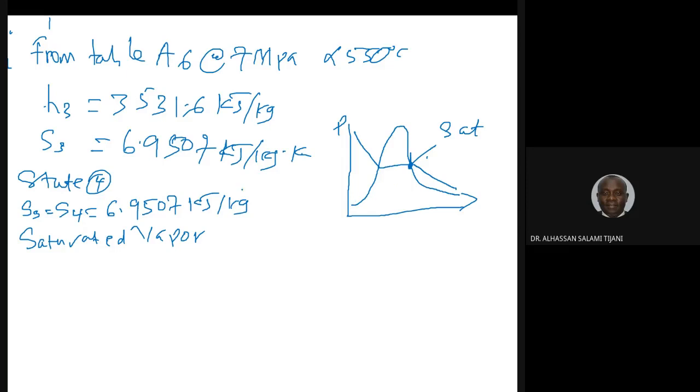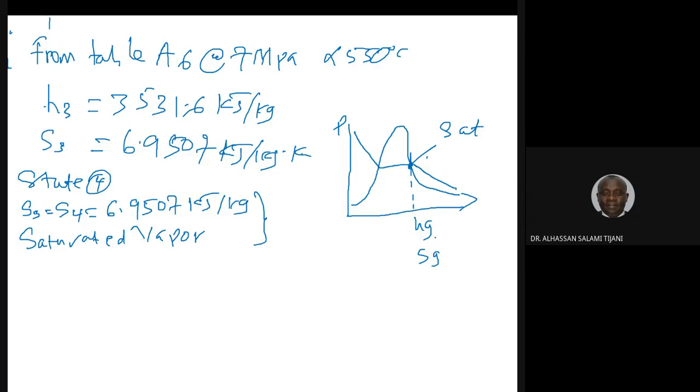But we know the entropy. So the entropy is given by this. Okay, so if we go to the property table, the enthalpy at this particular state, Hg, or the entropy, Sg, at this particular state, we don't know.